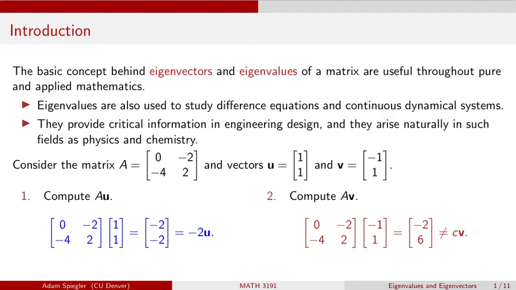So we don't have this special relation that multiplying vector V by matrix A is equivalent to just multiplying vector V by some scalar. So this had a really nice special property when we multiplied the vector 1, 1 by matrix A. We did not observe this special property when we multiplied the vector V by matrix A.